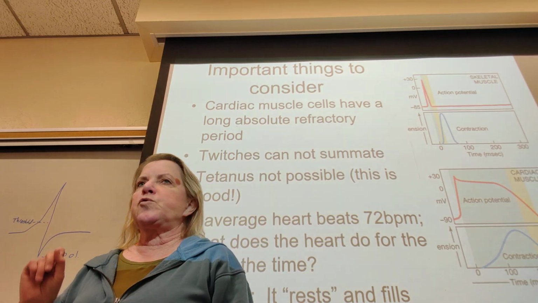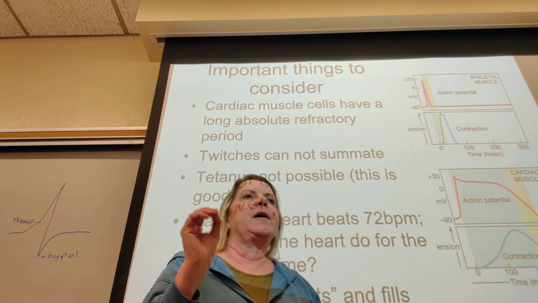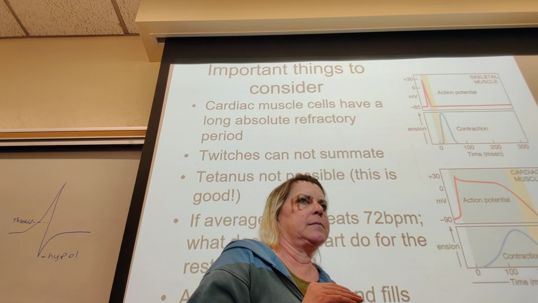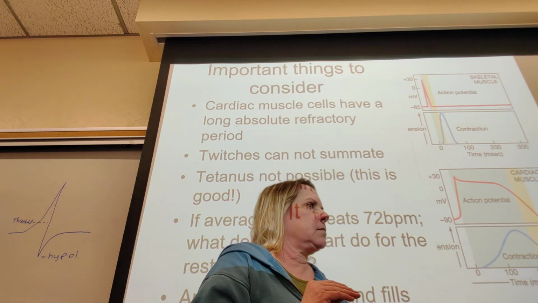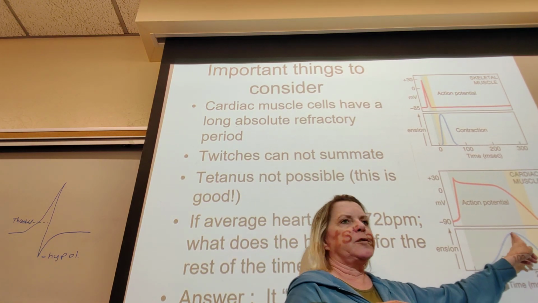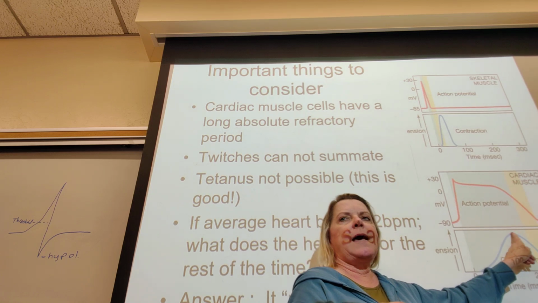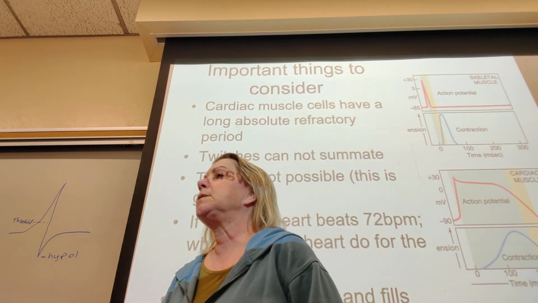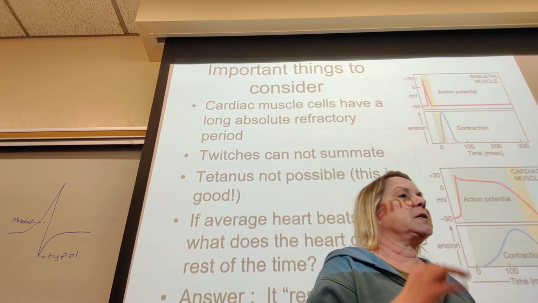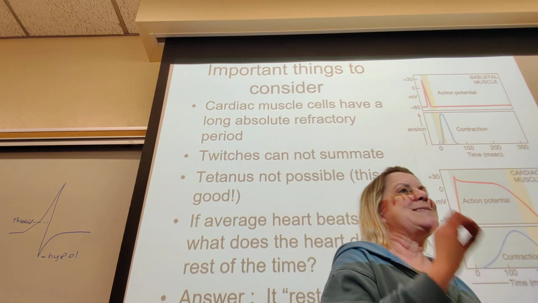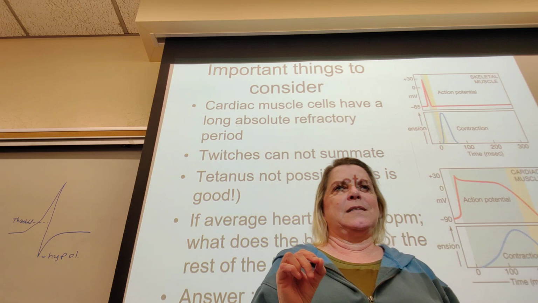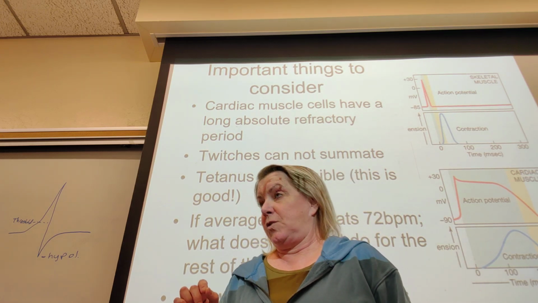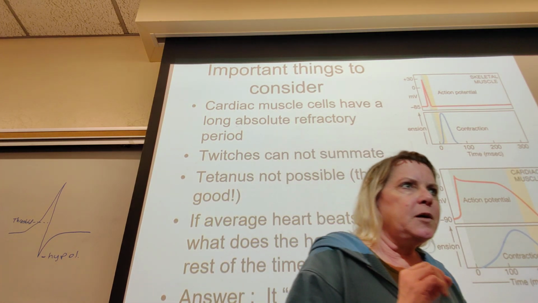Absolute, which means no action potential can be regenerated again. And look at the force of contraction. It is at its peak during this absolute refractory period, which means in normal physiologic conditions, cardiac muscle cannot summate, cannot reach tetany, which is good because why does blood flow again?